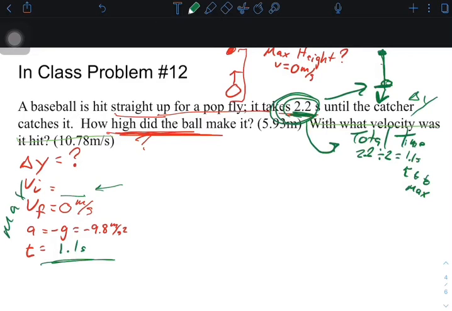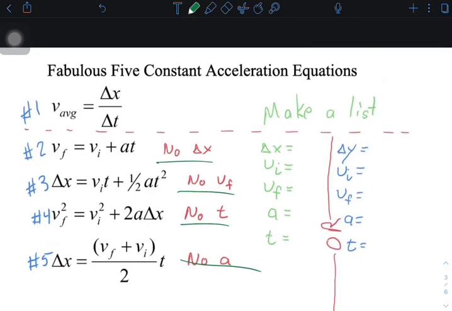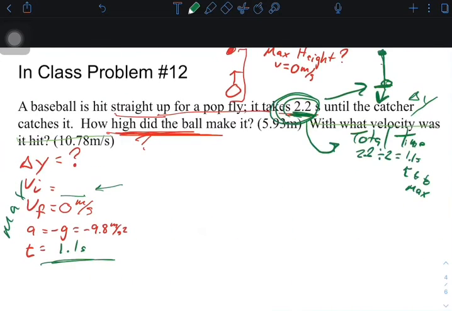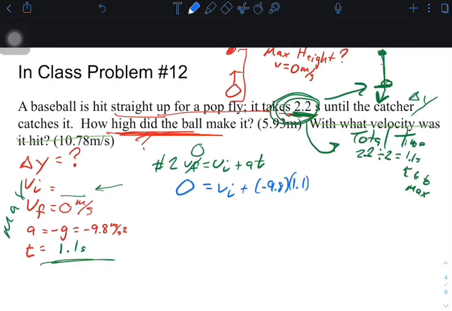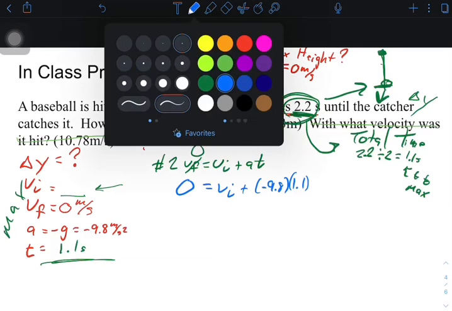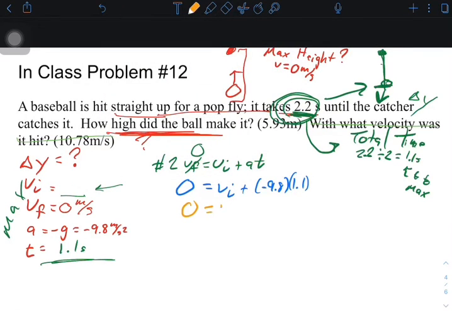Okay, so which equation do we want to choose? It really doesn't matter, but equation number 2 is a pretty simple one. It's a pretty nice one. So if we say equation number 2, VF is equal to VI plus A times T, my final velocity was 0. So we can say 0 is equal to VI plus negative 9.8 times our T of 1.1. 0 is equal to VI minus 10.78.